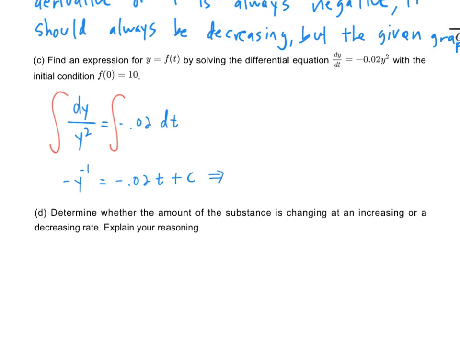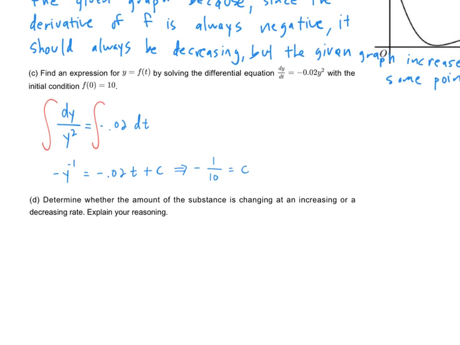Okay, so y is 10, so this is negative 10 to the negative 1, which is really negative 1 over 10. And then t is 0, so this is really just c. Okay, so now we'll rewrite this, but with negative 1/10 plugged in for c.